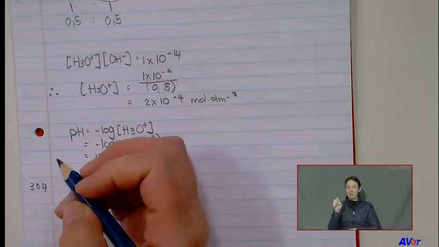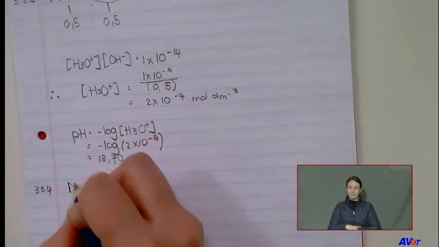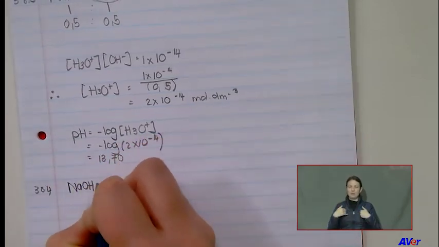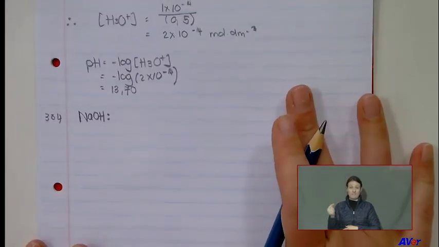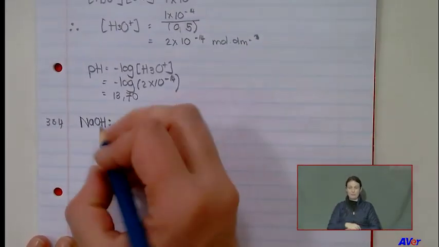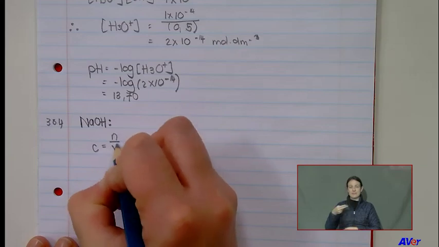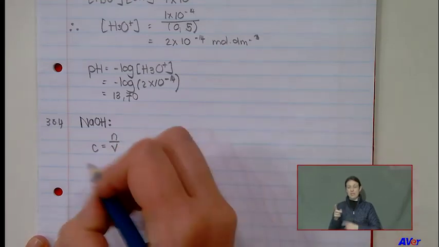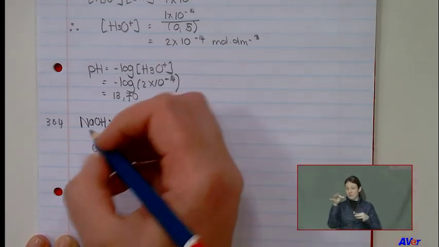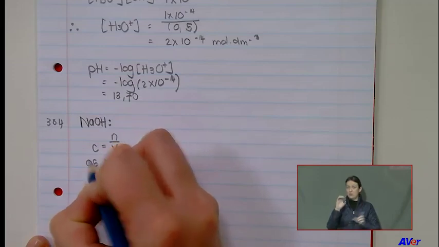So this is 3.8.4. Okay, so I'm going to work with the sodium hydroxide first. C is equal to n over V. It's on my data sheet. The concentration is 0.5.